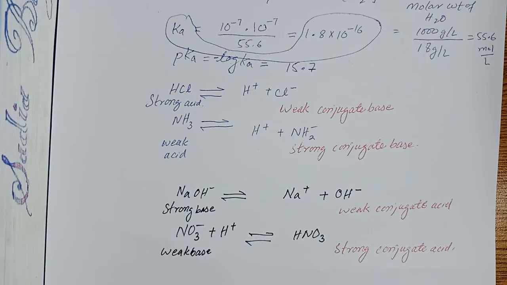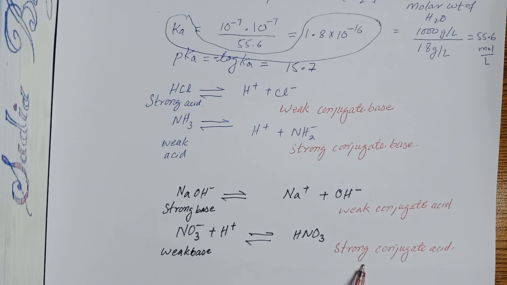The relationship between a base and its conjugate acid is similar to that of an acid and its conjugate base. Strong bases form weak conjugate acids, and weak bases react to form strong conjugate acids.